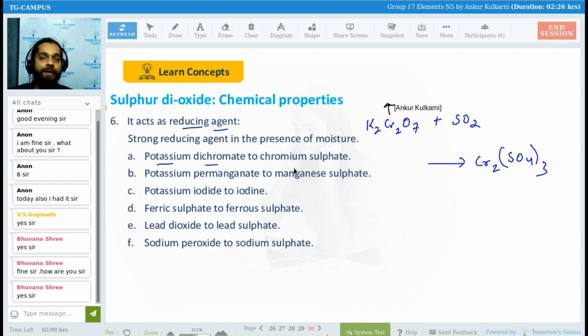So what is the oxidation state of chromium over here? Come on, everyone, calculate. K2Cr2O7, I want the oxidation state of single chromium. Yes, Ragul, Kirtini, Sarjana.